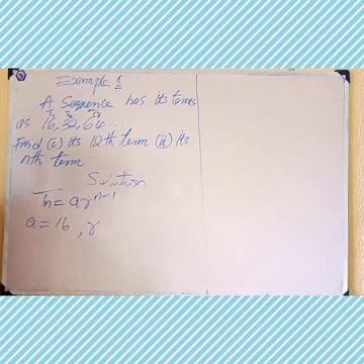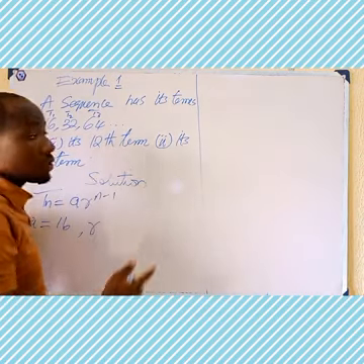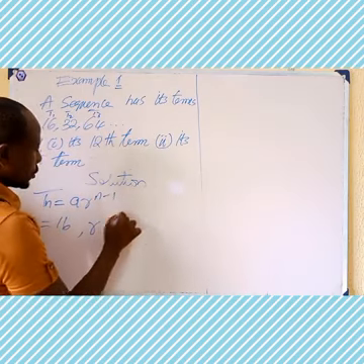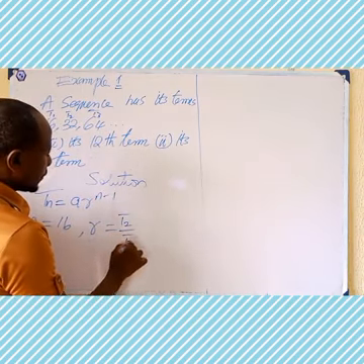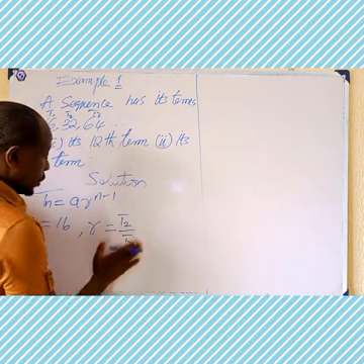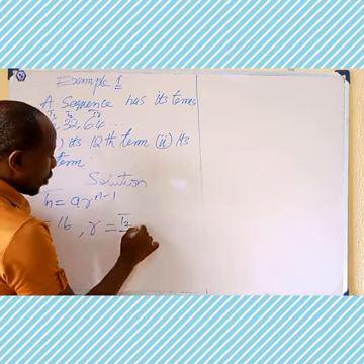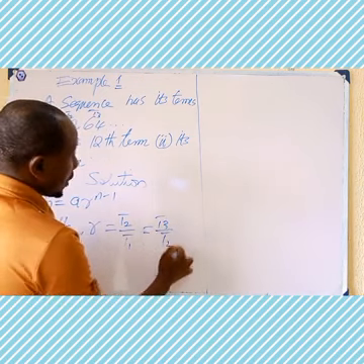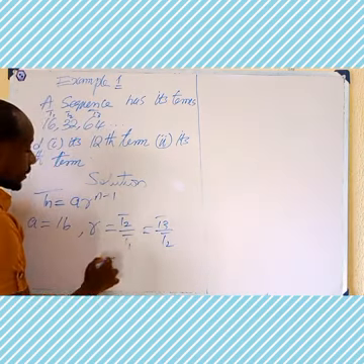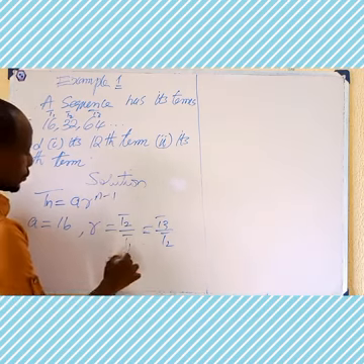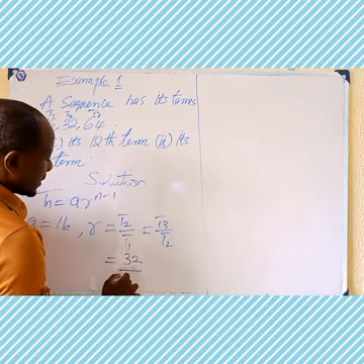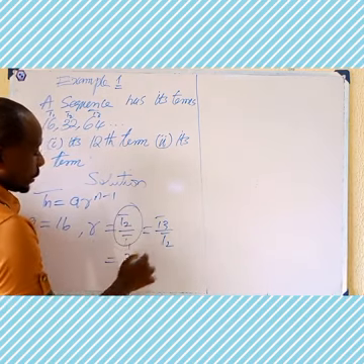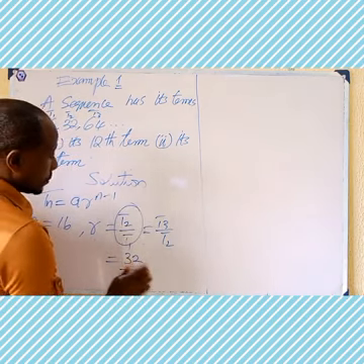So how do we obtain the common ratio? We divide the second term by the first term. So we have what? T2 divided by T1, or which is tempting as well, T3 divided by what? T2. Any one you want to use will give you the same thing. So T2 is 32, T1 is 16. So let's use this one. 32 divided by 16 will give us what?